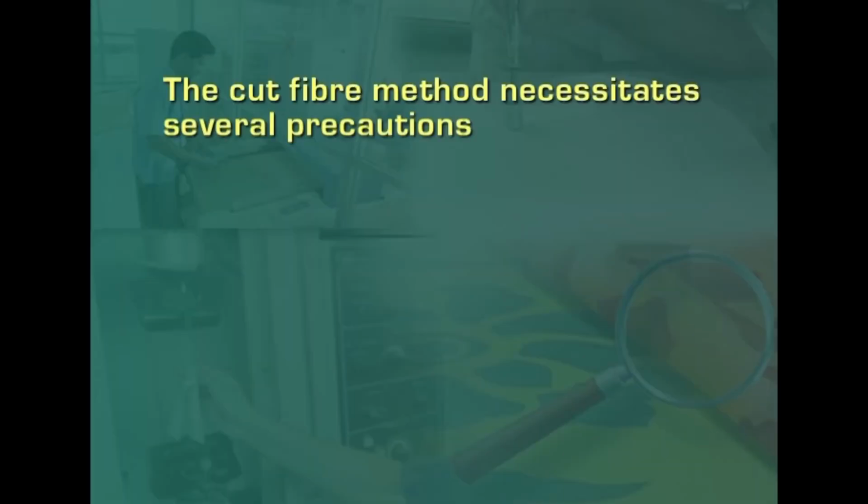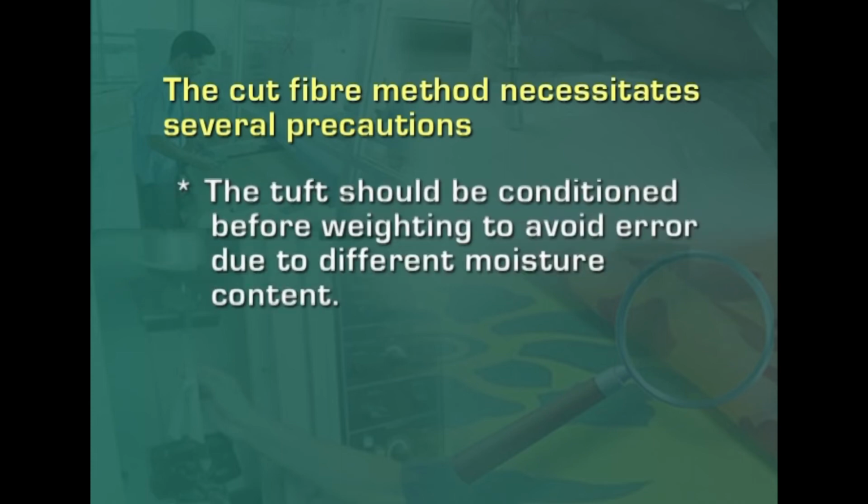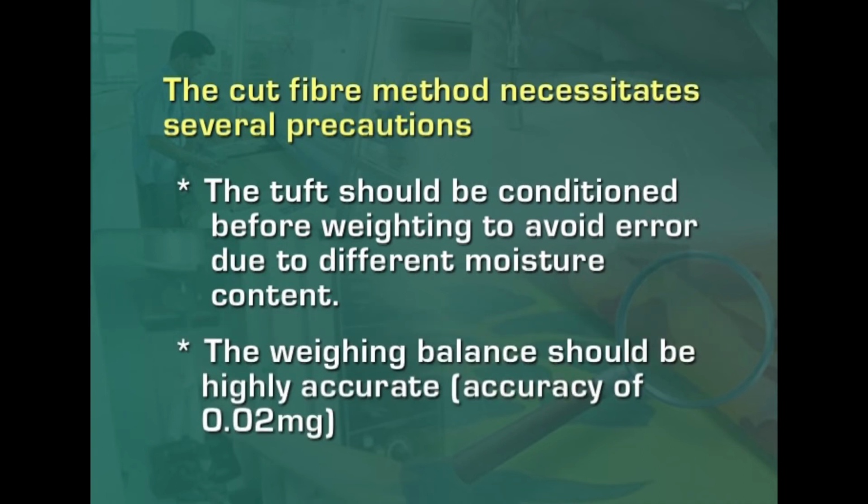The linear density is calculated from the weight and total length. The method necessitates several precautions. First, the tuft should be conditioned before weighing to avoid error due to different moisture content. Next, the weighing balance should be highly accurate. Accuracy of 0.02 milligrams is expected.